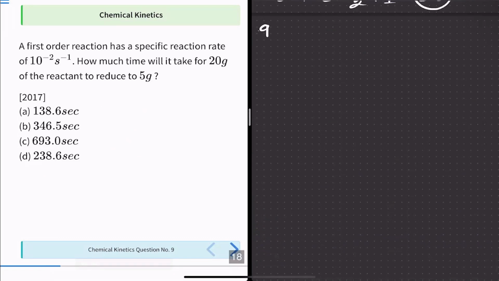Question number 9. A first order reaction has a specific reaction rate of 10 to the power minus 2 per second. How much time will it take for 20 gram of the reactant to reduce to 5 gram? So given is K, the rate constant, 10 to the power minus 2 per second. The initial concentration A naught is equal to 20 gram.